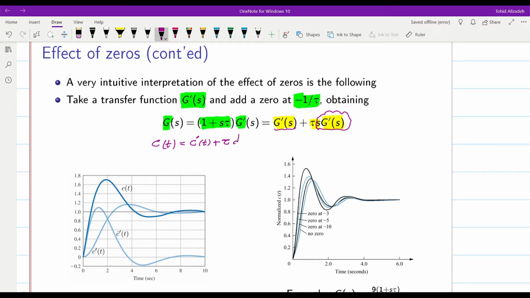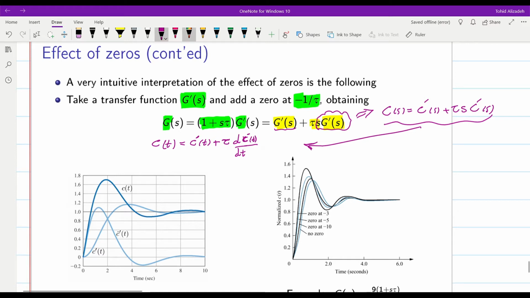And you know that it will be the time derivative of c prime. I can also write it in the Laplace domain. C of s will be equal to c prime of s plus tau s c prime of s. And then in the time domain, we will have this situation.